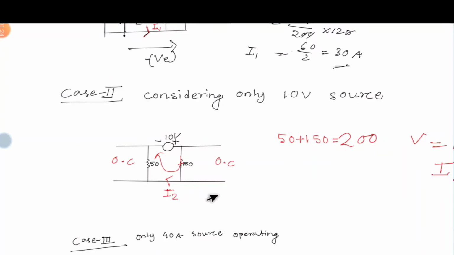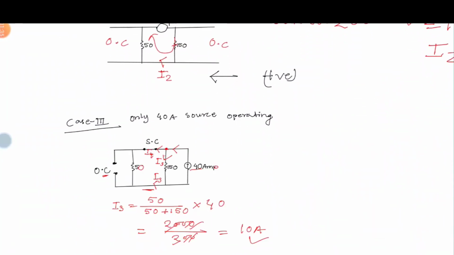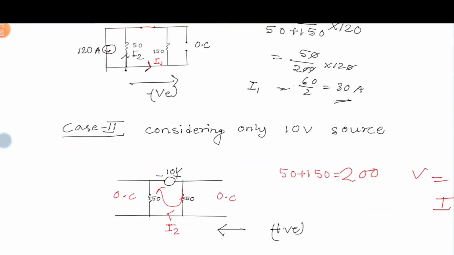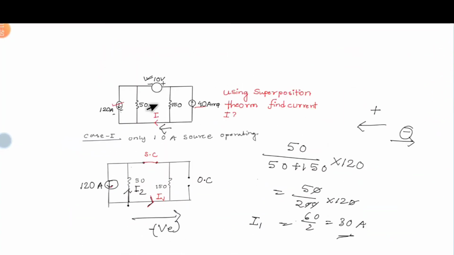In I2, the current is right to left, so it is positive. And in this case the current is this way, right to left, it is also positive according to the question. Now add up all these responses.